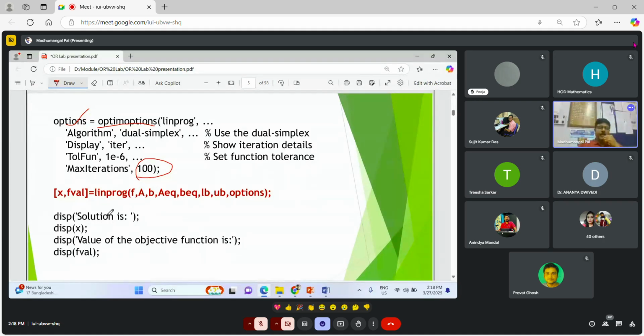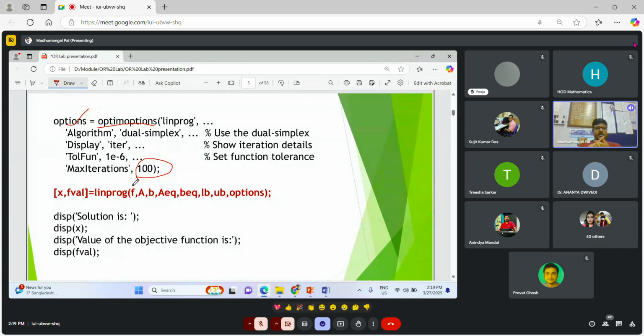And this is the main function, linprog. This is the main function to solve a linear programming problem, so you have to remember the name of the function. These are the arguments. The first argument is f, the vector for the objective function.